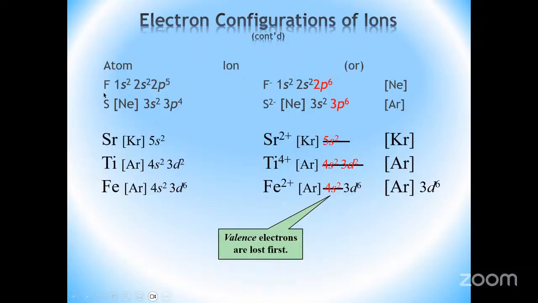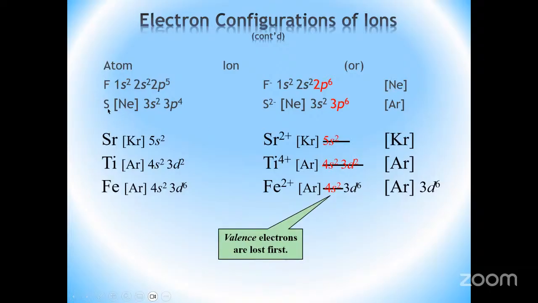In the case of fluorine, this is the electronic configuration of fluorine, right? To get from the fluorine atom to the fluoride ion, you add an electron, and that electron will be added to the 2p sublevel here, which is not quite filled yet. So you're going to end up with 1s2, 2s2, 2p6, and that has the same electron configuration as neon, all right?